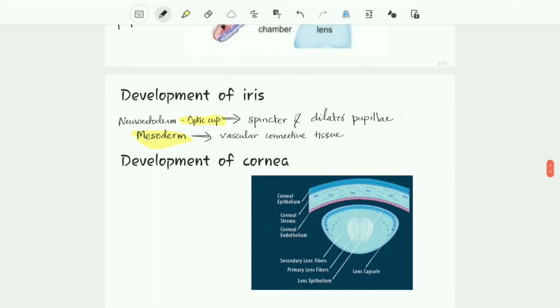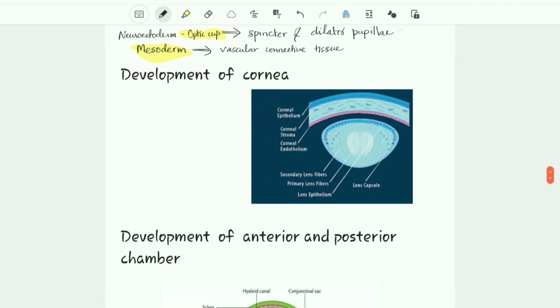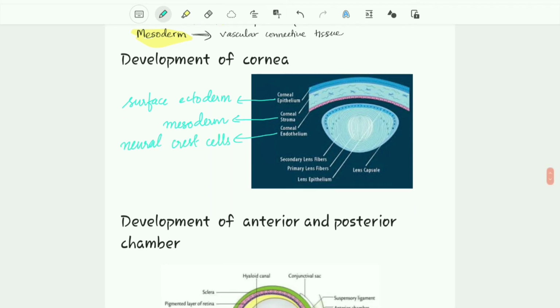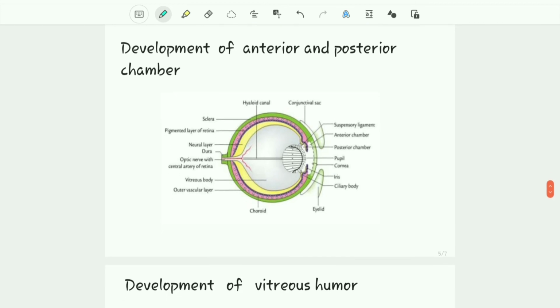Next is about the development of the cornea. The outer corneal epithelium is formed from the surface ectoderm. The stroma is formed from the mesoderm, which is a continuation of the sclera. And the endothelium is from the neural crest cells. Now let's see this.